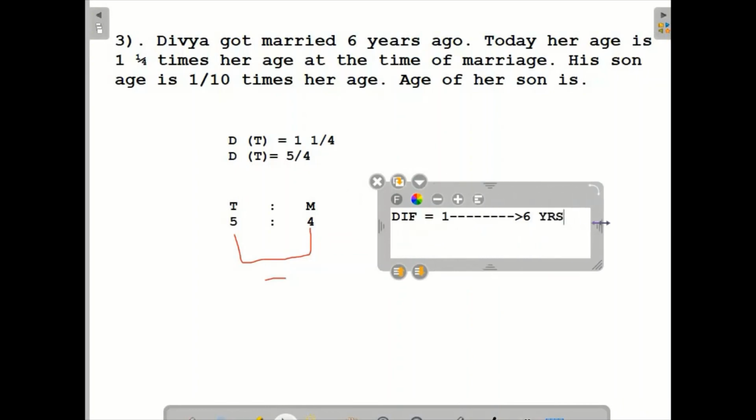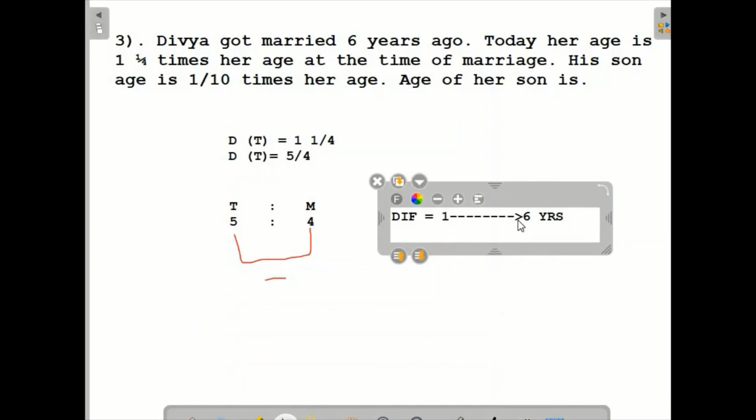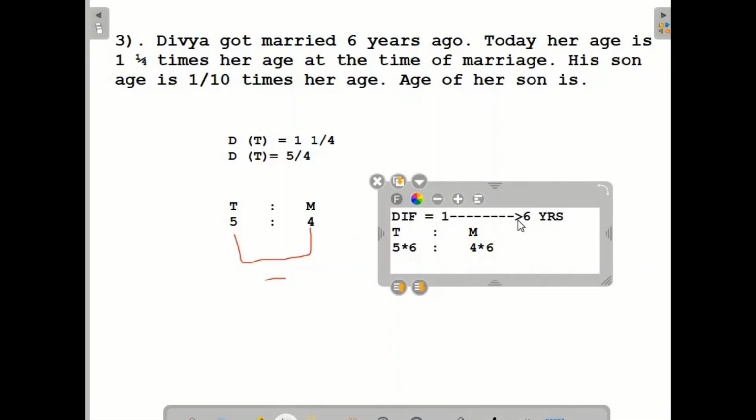So we got an idea that at the time of marriage it is 4 into 6 and now it is 5 into 6.